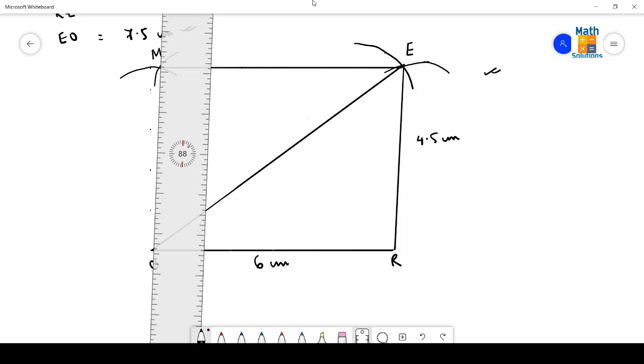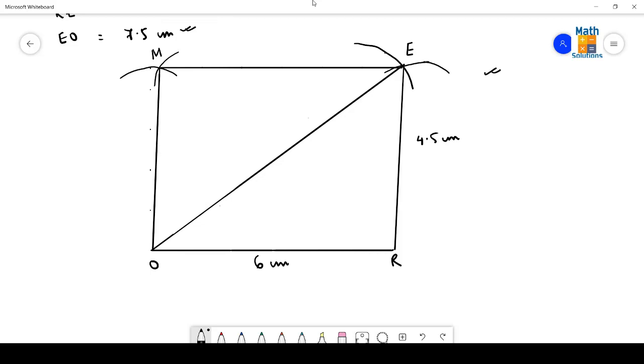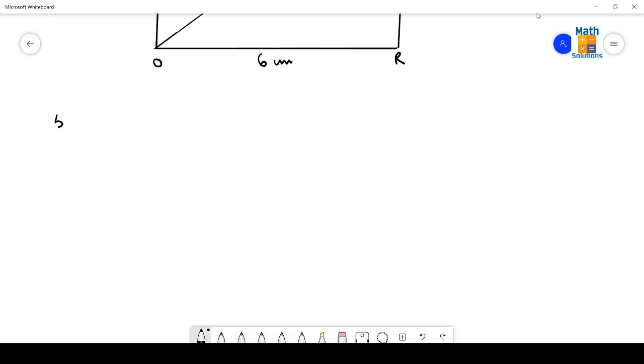Like this will have to be joined, and this is the required parallelogram. With this figure is completed. So this is of measurement 4.5, RE is 4.5. Then after this, EO should be of measurement 7.5.